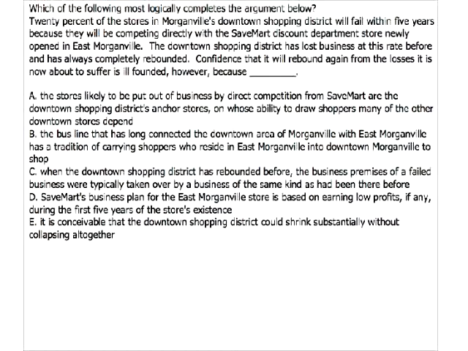If you look at B, a couple of you picked B. Remember, we need a reason why this business downturn is worse than previous ones. B says the bus line that has long connected the downtown area has a tradition of carrying shoppers into downtown Morganville to shop.